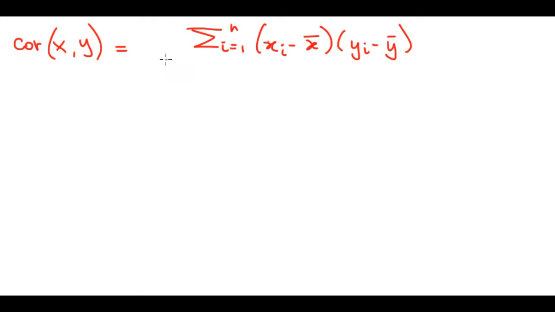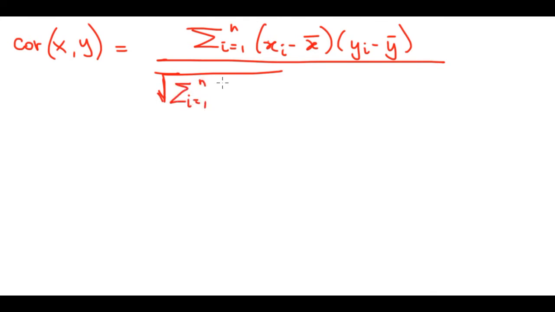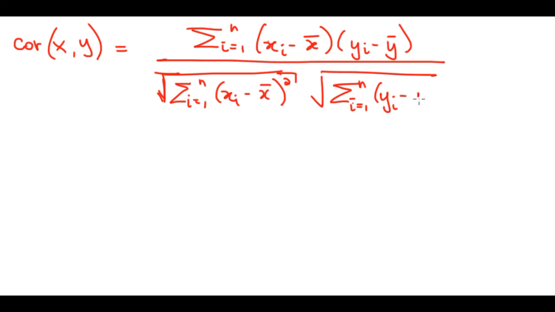It's going to be the square root of the summation of i equal to 1 to n of xi minus x bar squared, and then the summation of i equal to 1 up to n of yi minus y bar squared.